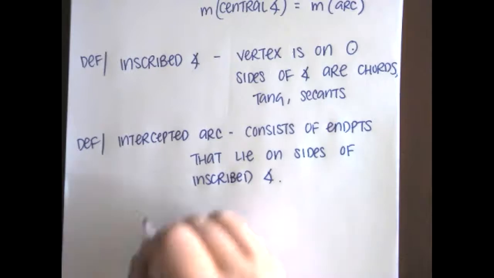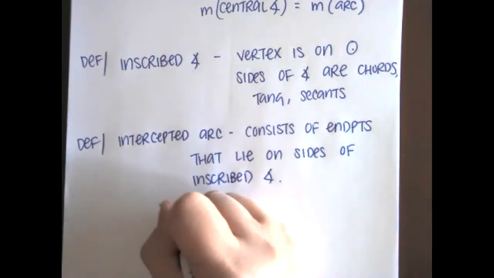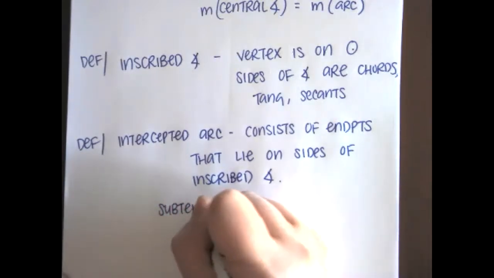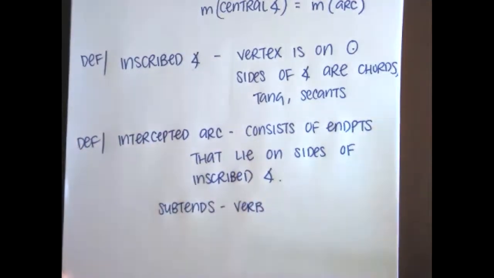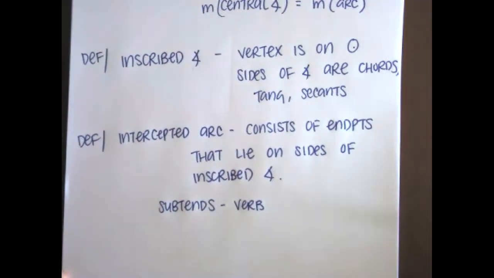The verb that goes with this is subtends. I don't know how often you're going to hear that word, but this is the verb form of this process happening. So I'll give you an example of how these all work out.